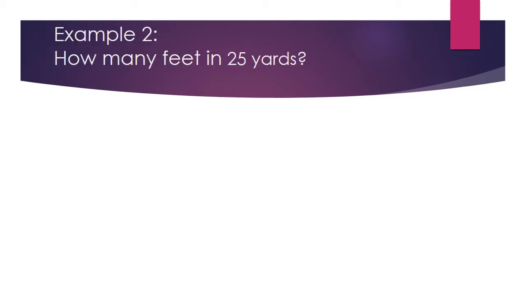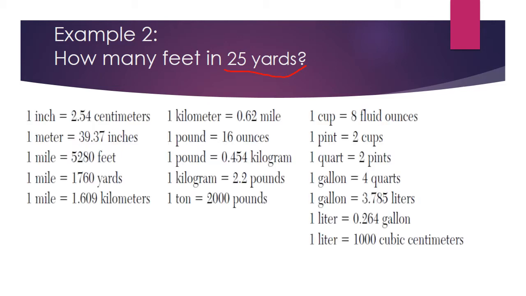Now let's take a look at the second example. We have how many feet in 25 yards. So I'm trying to change 25 yards into feet. So to be able to set up my dimensional analysis, I need to start with 25 yards. Now, I'm going to have to look at my reference sheet to be able to convert yards into another unit. And hopefully this unit is feet.